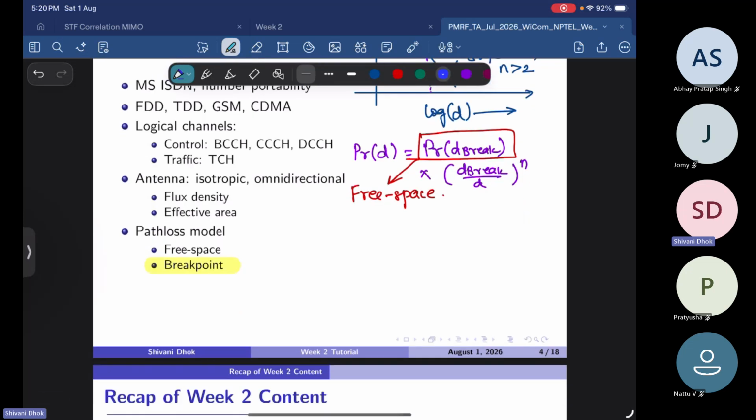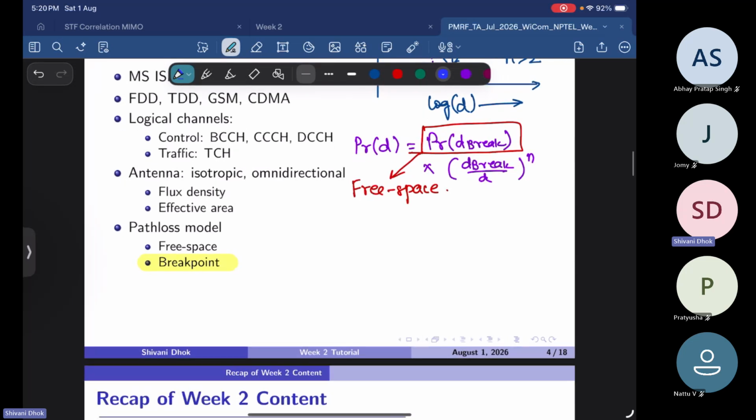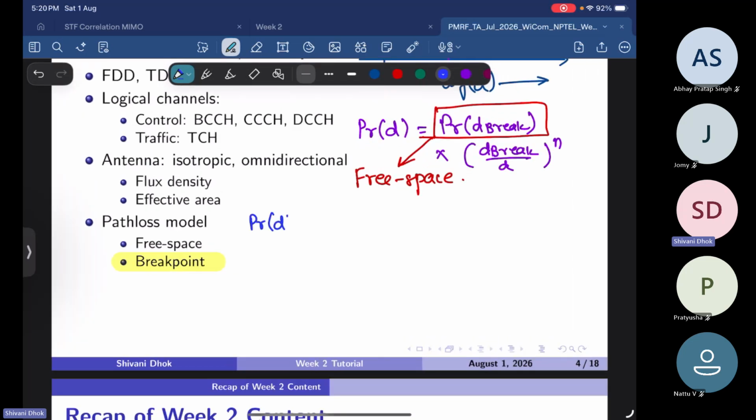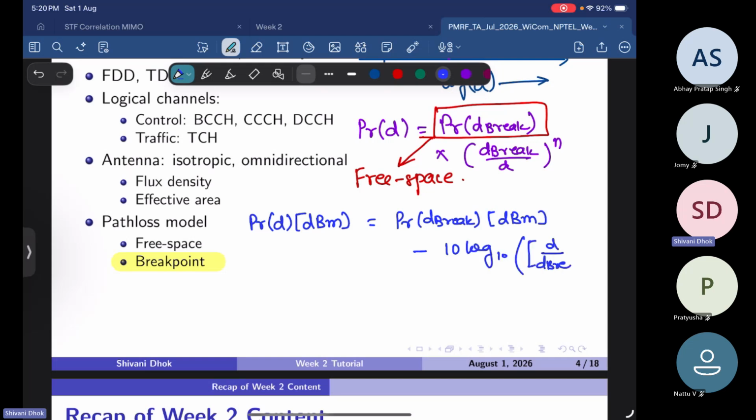Now if you want to write it in a similar fashion, your received power in dBm will be your received power at d break in dBm minus 10 log to the base 10 of (d by d break) to the power n.